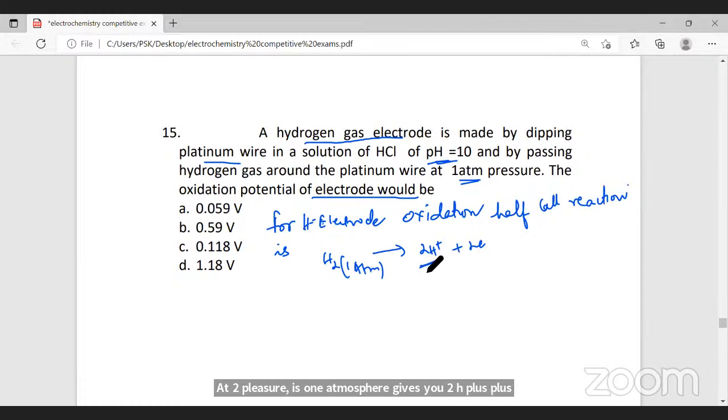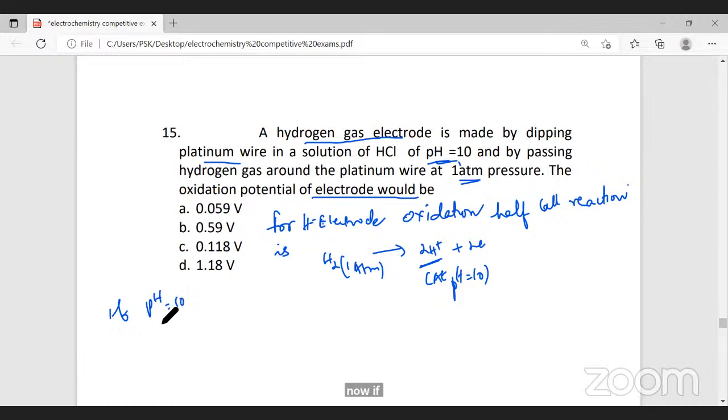Now this is the H+ ion concentration. They've given the pH value to be 10. Now if pH is 10, what is the hydrogen ion concentration?